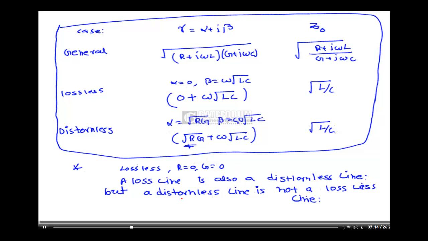For a distortionless line, alpha is there. So we cannot say a distortionless line is a lossless line, whereas a lossless line is a distortionless line. Okay. So this is one of the important statements you have to keep in mind. Generally, practically speaking, power lines are lossless lines, and telephone lines are distortionless lines in practice.